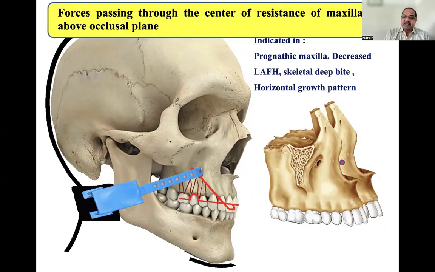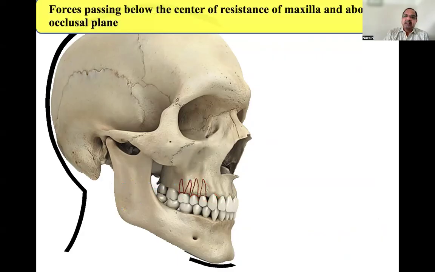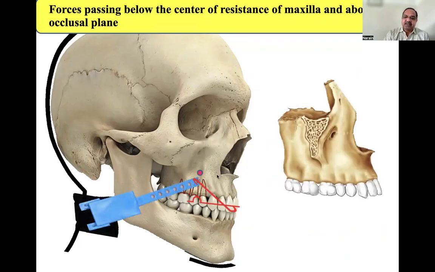And so this is indicated in cases where you have a prognathic maxilla, decreased lower anterior facial height, skeletal deep bite, and a horizontal growth pattern. Now, forces passing below the center of resistance of the maxilla and above the occlusal plane.